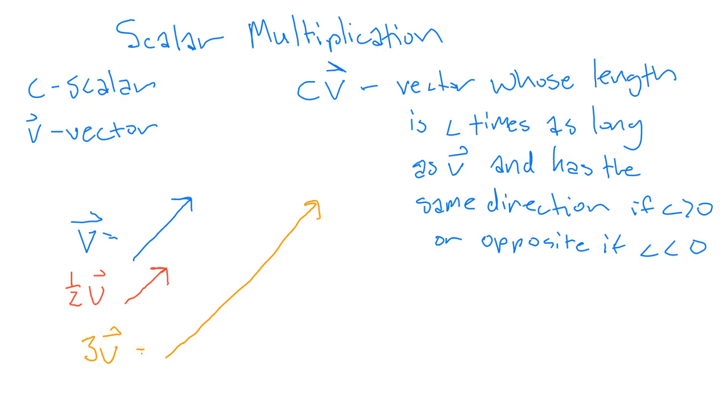And if we had negative v, that is going to be the same magnitude, just in the opposite direction.